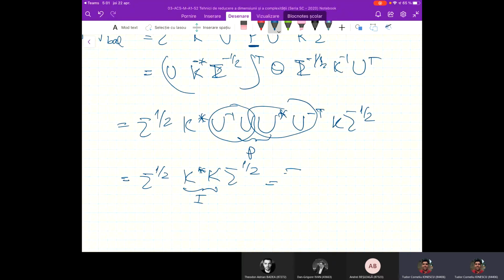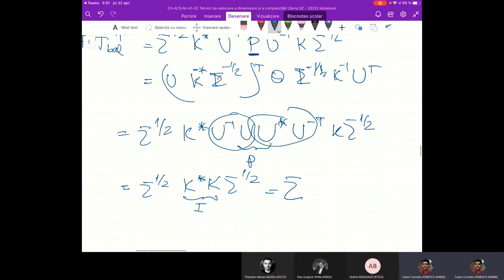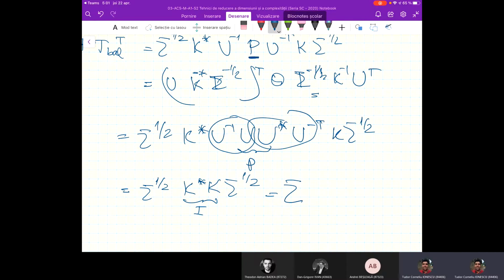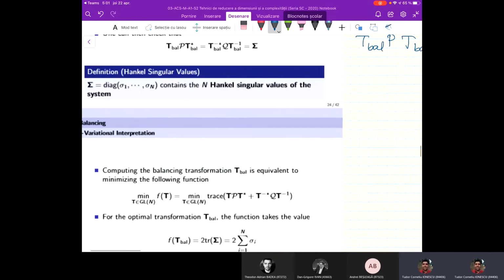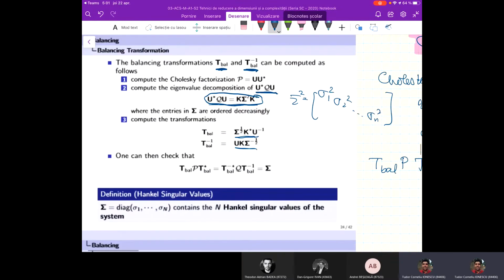So this is just sigma. And the same holds for this guy. This is just sigma. So this is true. Indeed, this coordinate transformation is a balancing transformation because it's achieving this relationship. And sigma is the diagonal of the Hankel singular values.